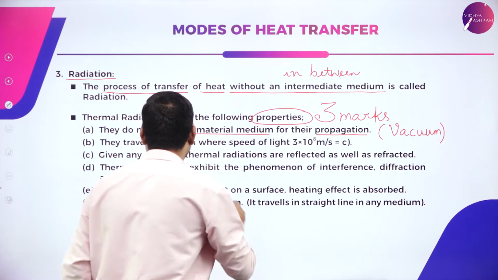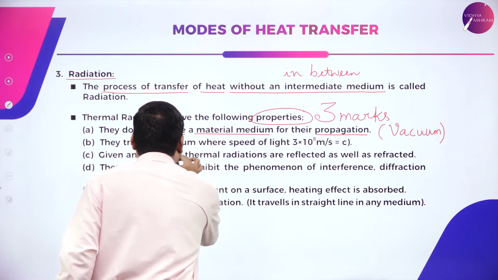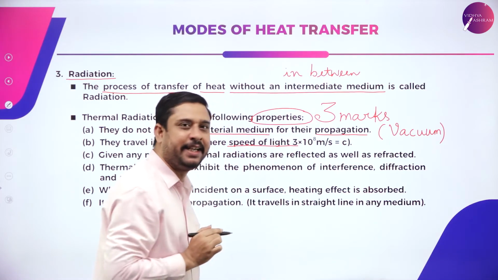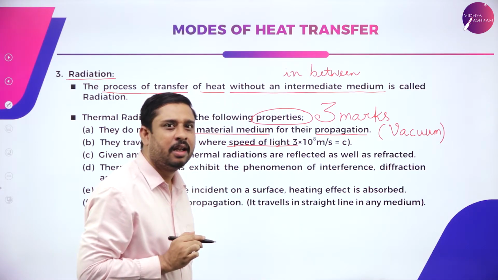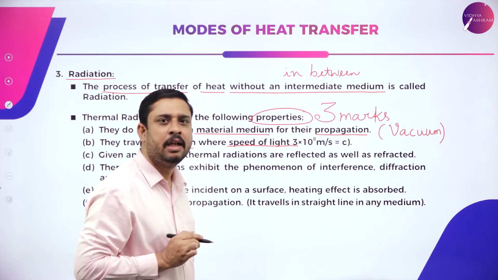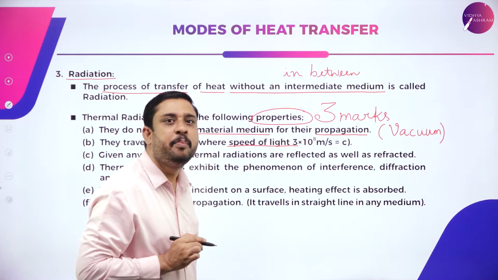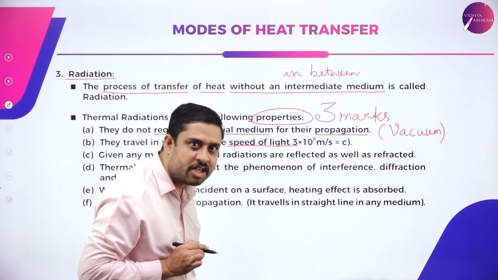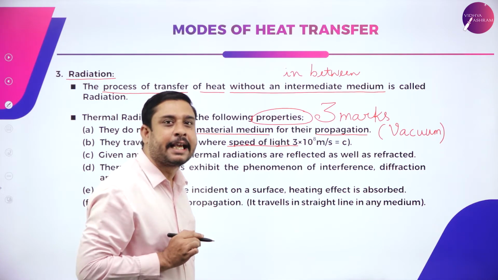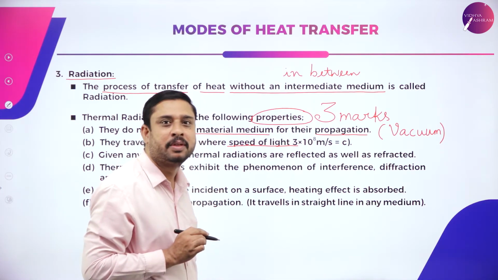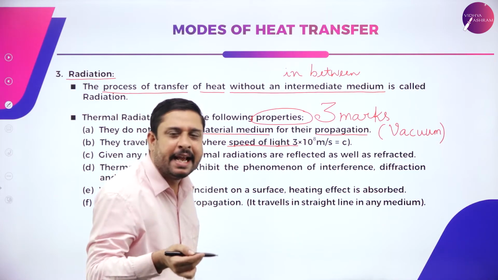Second, they travel in vacuum with the speed of light. I told you they don't require a material medium for their propagation. They can travel in vacuum. With what speed?